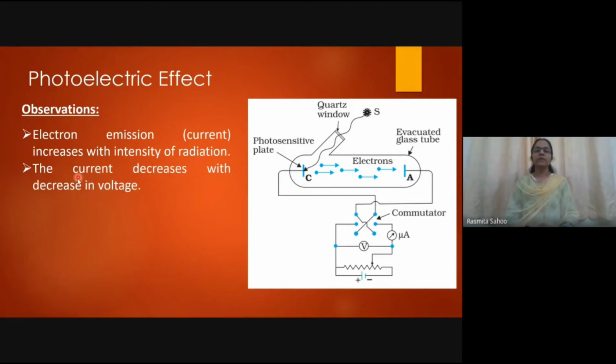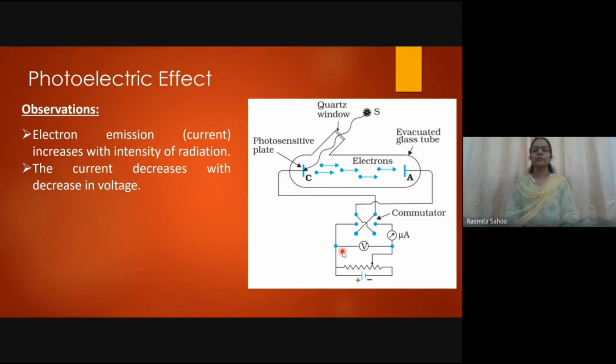Second, they saw that the current decreases with a decrease in voltage. Now they kept the intensity constant and changed the voltage, and they found that the current decreases with decreasing voltage.